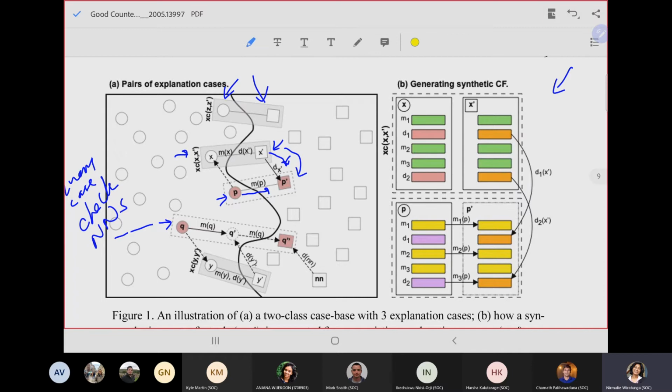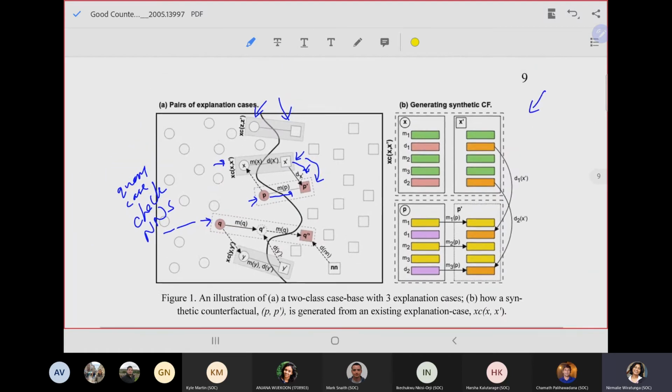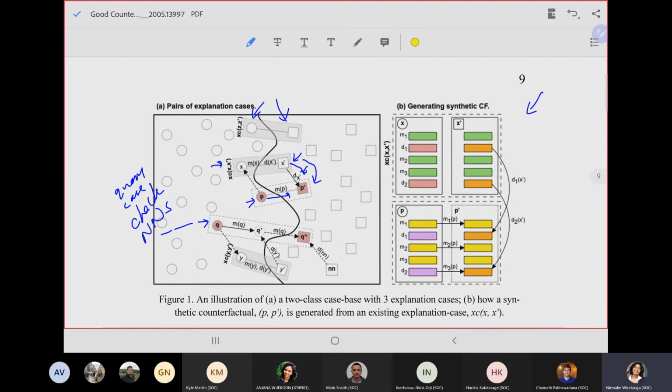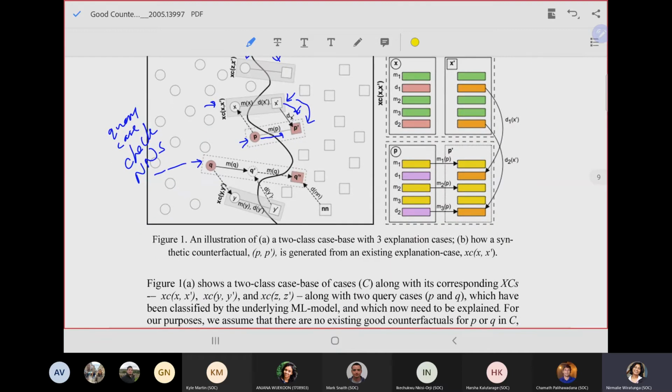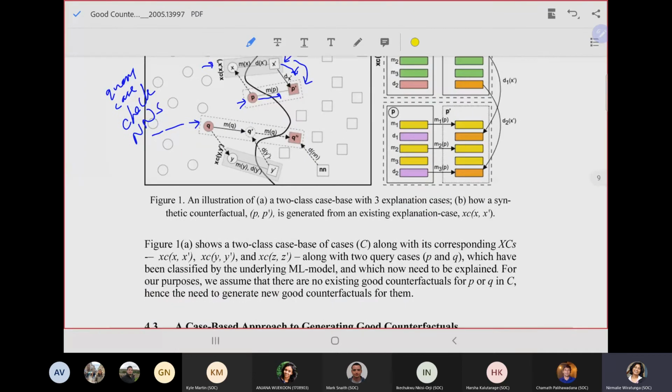That's quite interesting because it makes you also wonder, if you had an explanation case base of these pairs, can you use a deep learner to learn how to generate these counterfactual explanation cases as well? Because this is sort of done heuristically, but perhaps this idea might also be translated into a generative model in a deep learning type of idea.